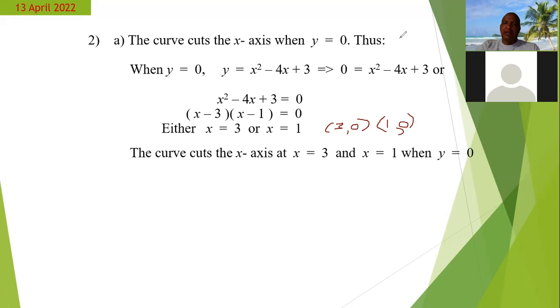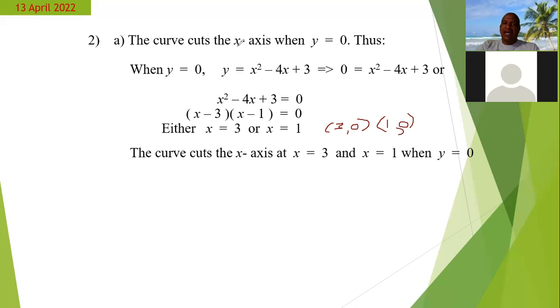All right, so it means that we would have calculated these 2 points where the curve cuts the x-axis. So what we need next is to find where it cuts the y-axis. Now the curve cuts the y-axis when x is equal to 0. Now, don't get them confused.